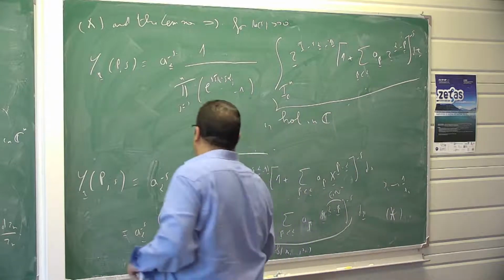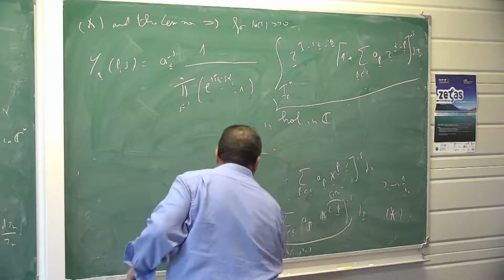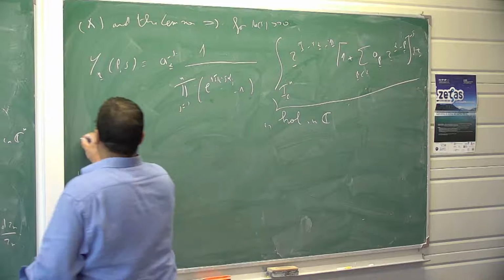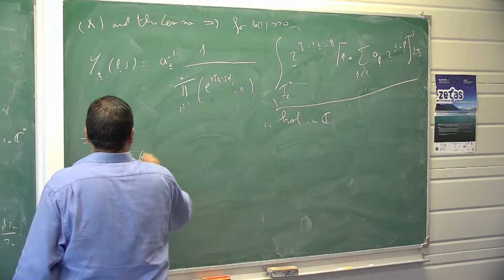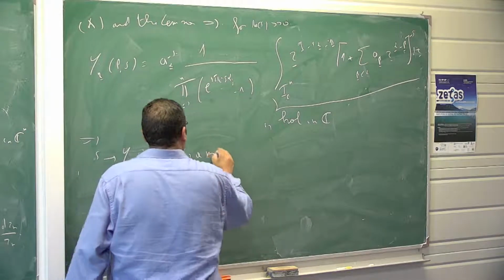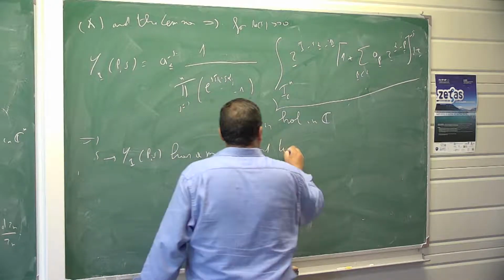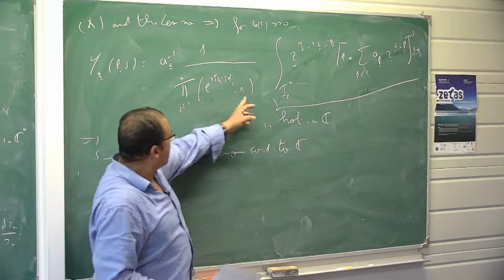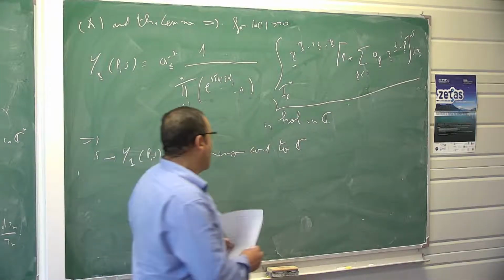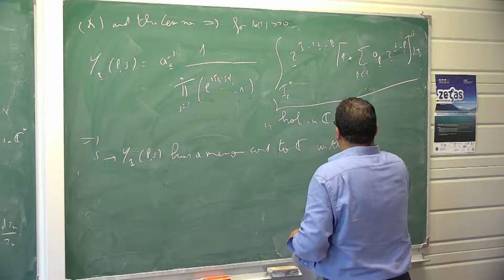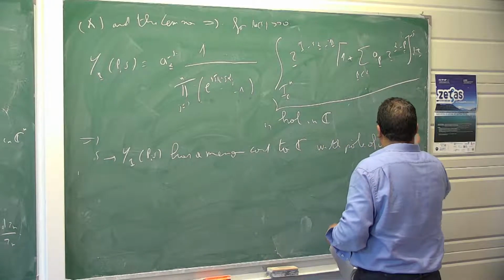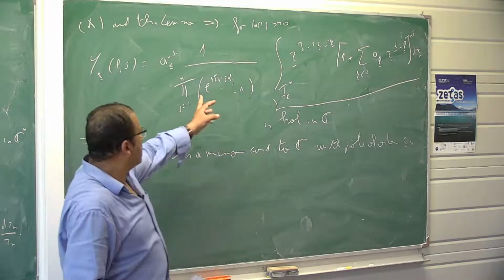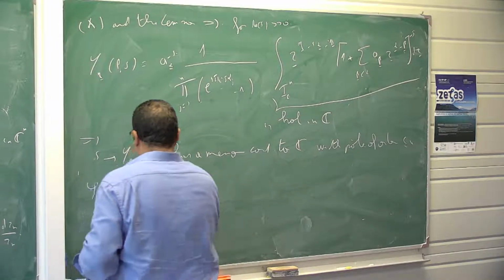So we obtain that this implies that S eta Ts has a holomorphic continuation to C with a pole of order at most n, because each factor has a pole of order less than n, and the set of poles is included in the set of zeros.